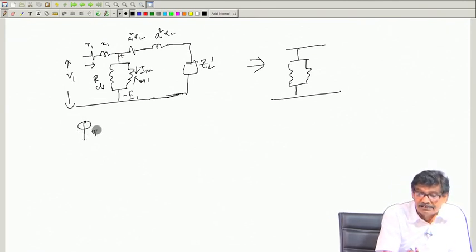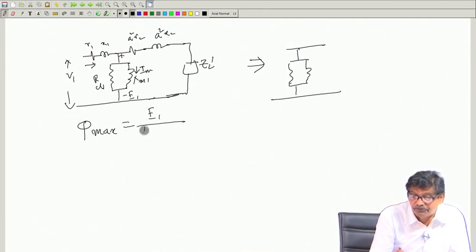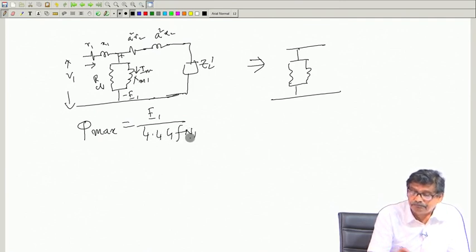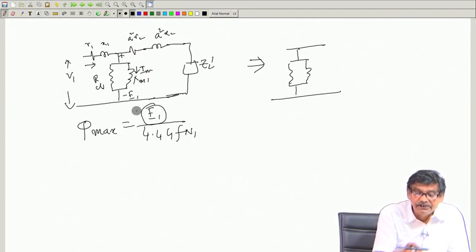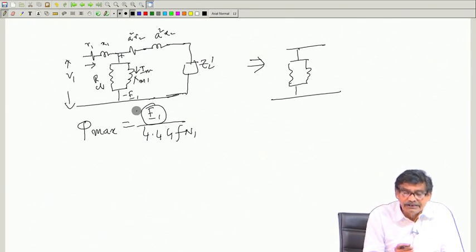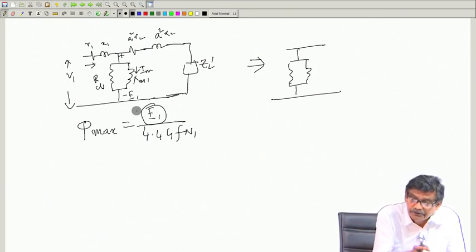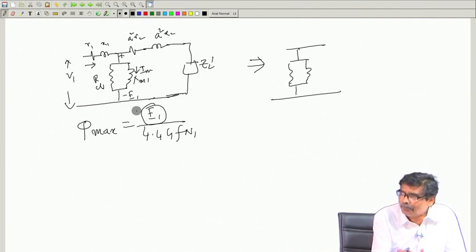If you go by this approximate circuit, phi max is E1, not V1, divided by 4.44 f N1 strictly speaking. But this E1 value will deviate from V1 a little. At no load condition, it will be almost the same as V1, and during loaded condition there is a little drop here.